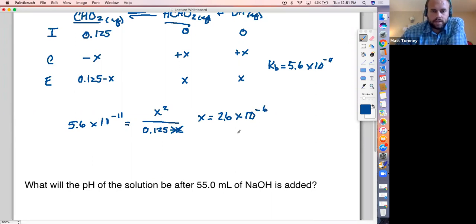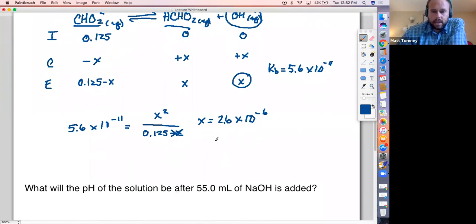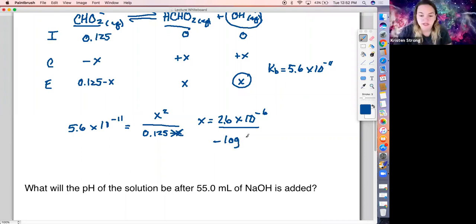If this is x, x represents the hydroxide content at equilibrium. So if I take the negative log of this value, what do I get? The pOH. Exactly, I can get the pOH from that.